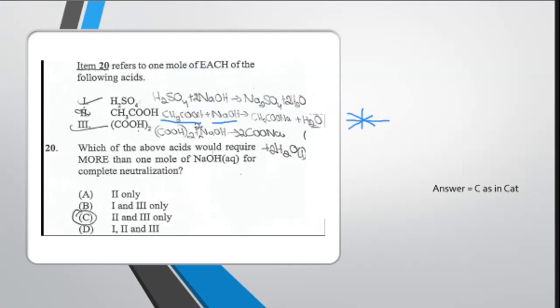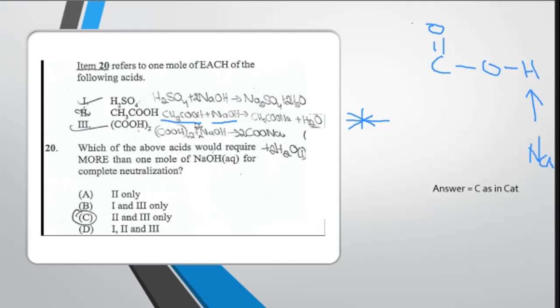And then we're looking at the third one. You have (COOH)2. For each one of the structures, C double bond O, OH, again, the hydrogen is going to be replaced by sodium.